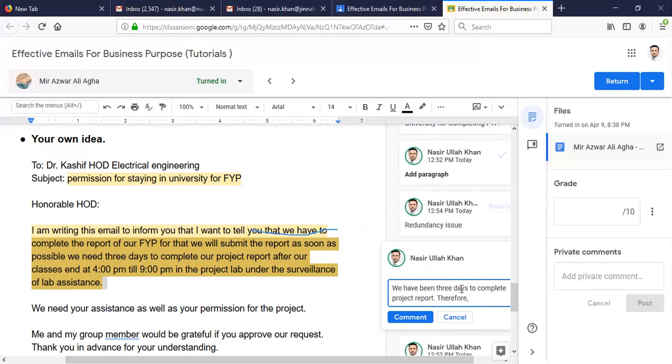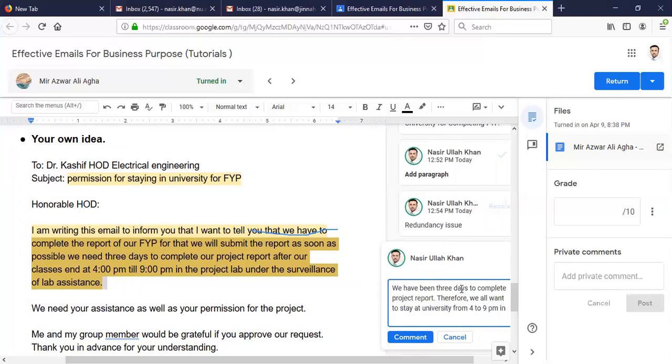Therefore, we all want to stay at university after our classes end, from 4 to 9 p.m.